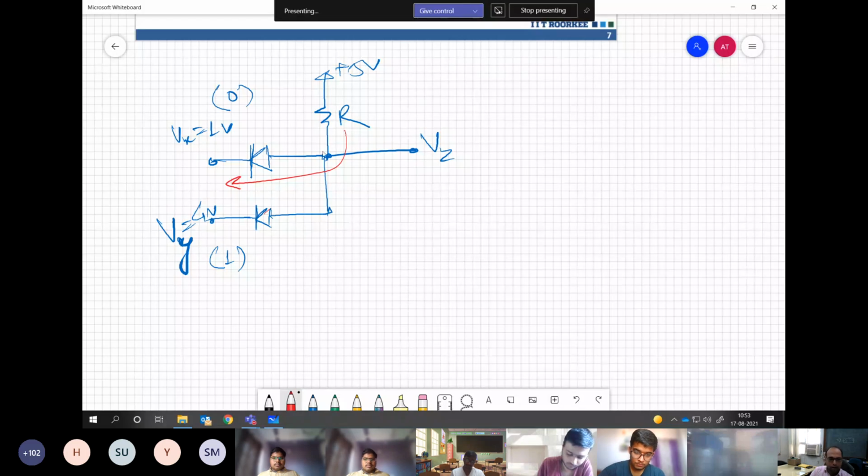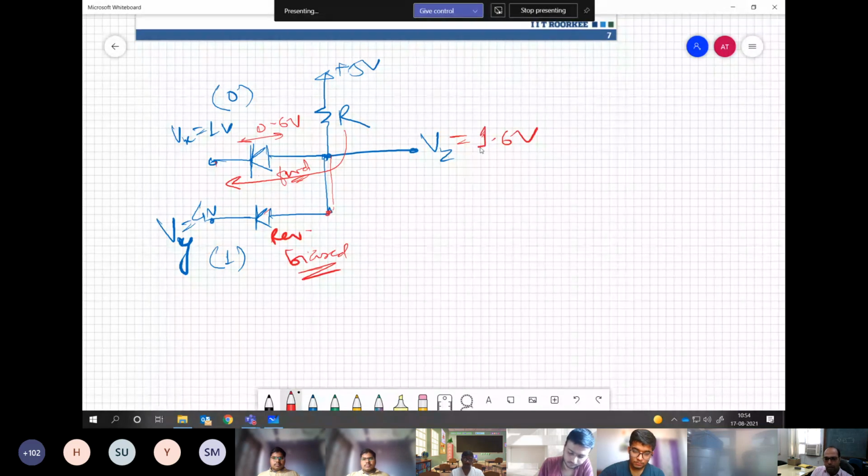Exactly. The moment this diode conducts, because of this drop of 0.6 volt, the voltage at Vz is 1.6, and the moment this voltage is 1.6 over here, this diode is reverse biased. So this is blocking, and only one diode is conducting. This is forward biased.